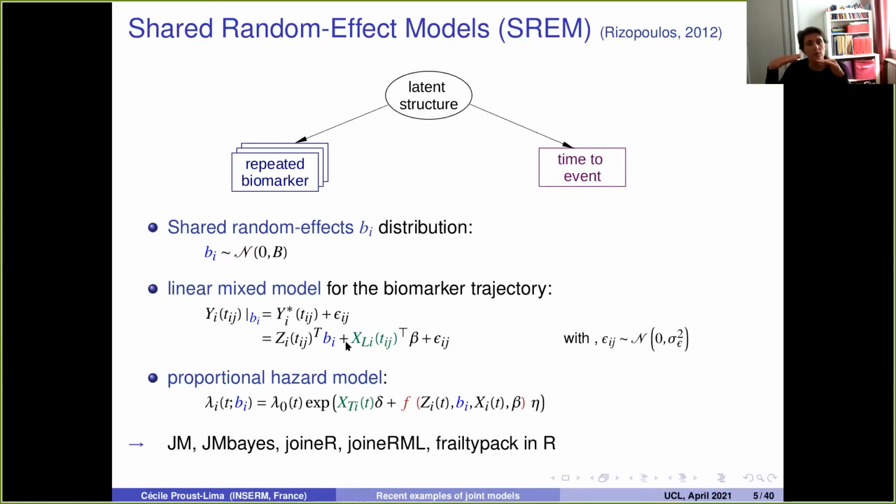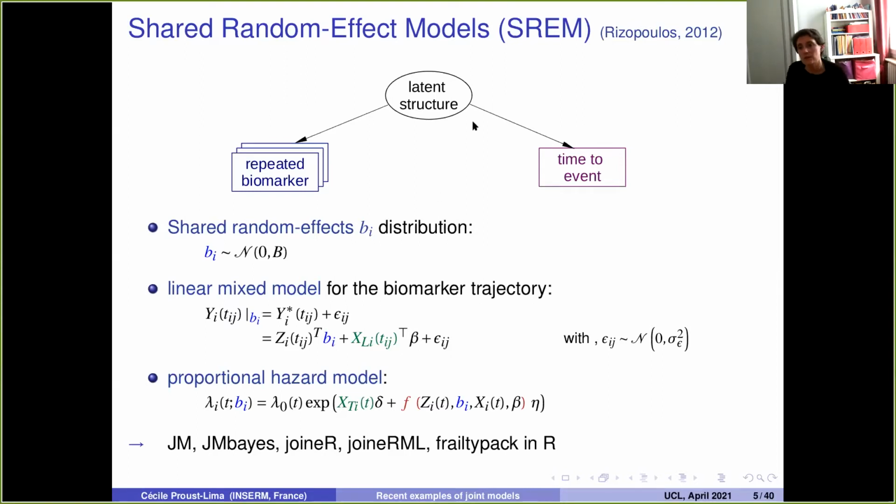And to take into account some individual differences, I will use my random effects, to take into account an individual departure from this mean trajectory. So my random effects are here to describe the correlation I have between the repeated measures of each individual.